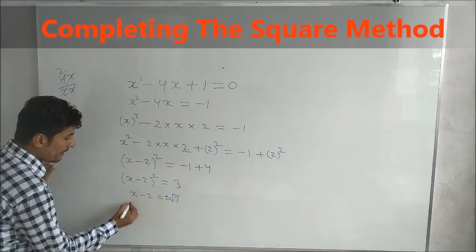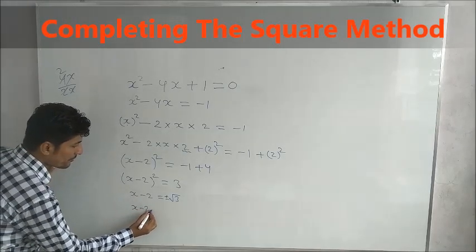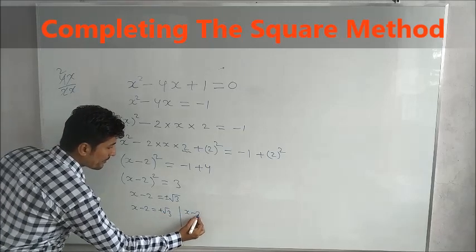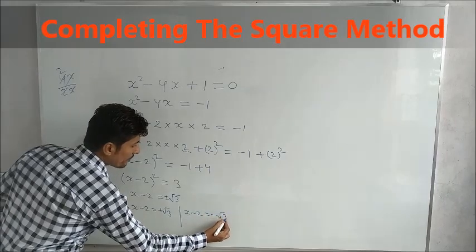After that, we can write x minus 2 equals plus root 3, and in the second equation x minus 2 equals minus root 3.